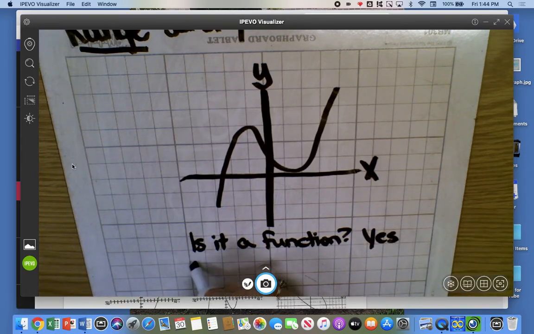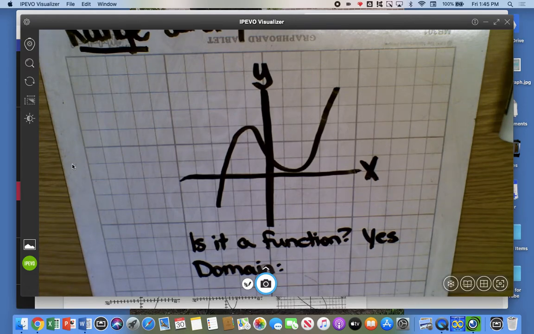All right, and then to list the domain, we have lots of x values here, but we are looking at the x-axis. And so whenever you are looking at your x-axis, you want to see how far it starts from the left.